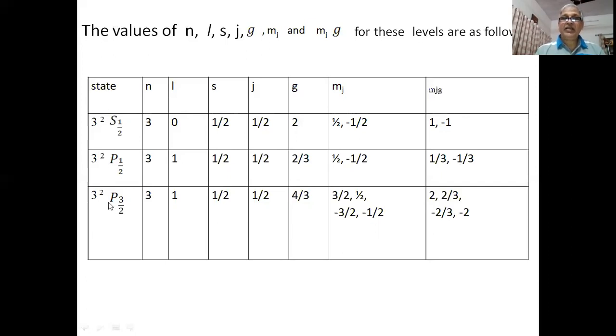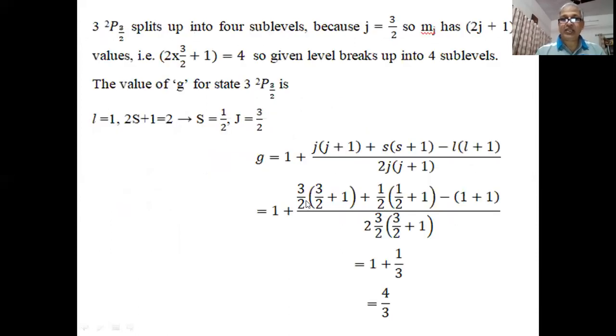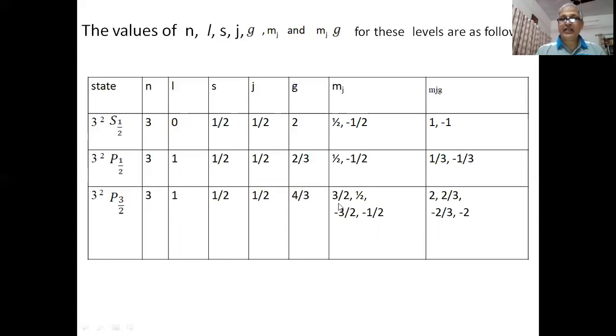And similarly, the term 2P 3/2 gives n equals 3, L equals 1, S equals half, J equals 3/2, and g comes out to be 4/3. Mj gives 3/2, 1/2, minus 1/2, and minus 3/2, and the value of Mj g is 2, 2/3, minus 2/3, and minus 2.